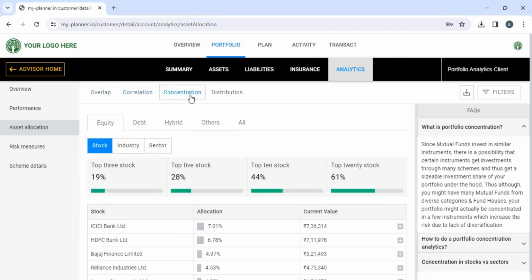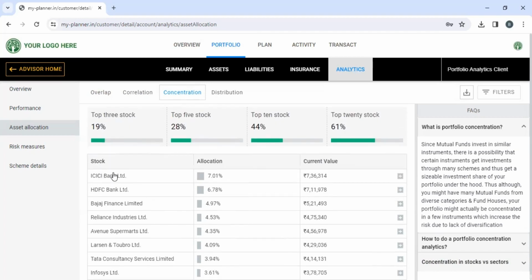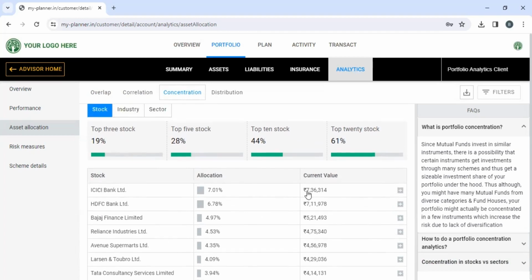In concentration, again, I guess this is very important because, as I said, I might have a lot of mutual funds, but at the end, in this case, the top three stocks hold one-fifth of my portfolio. Now it's for the fund manager to decide, but again, I can have a view on these stocks. Although these are the top three, whether these stocks have good fundamentals or not, whether I'm safe with it or not, these can be gauged.